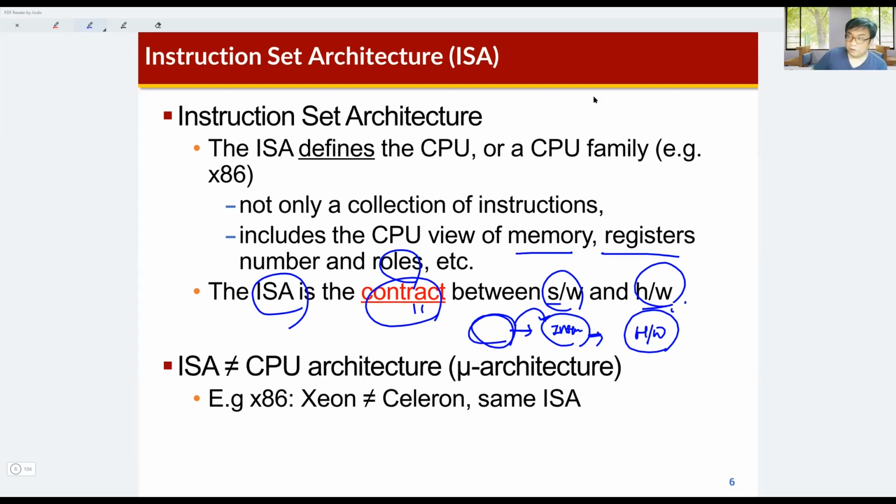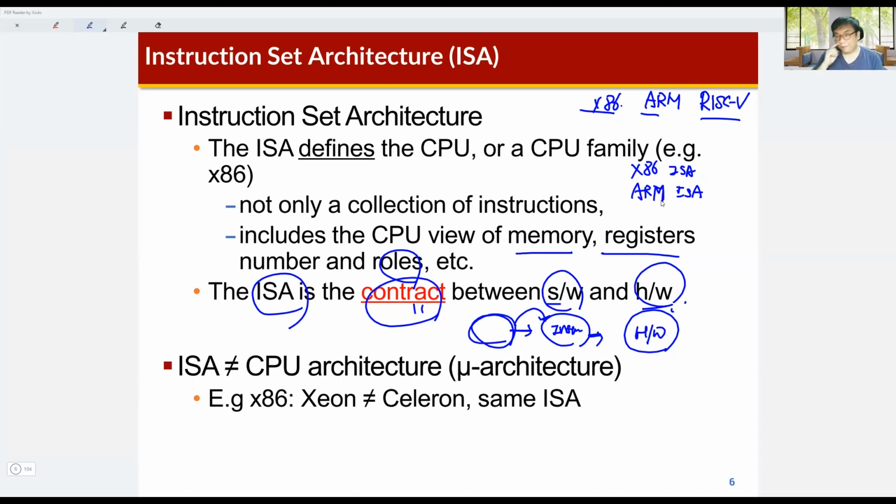There are very popular instruction set architectures such as x86, ARM, and RISC-V. These are called instruction set architectures, like x86 ISA and ARM ISA.